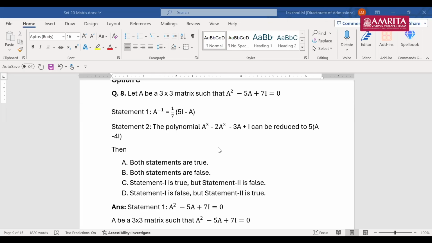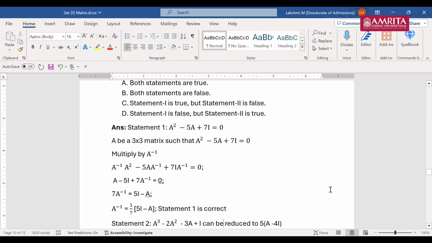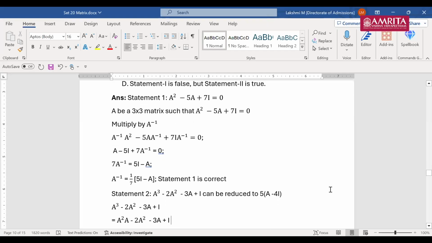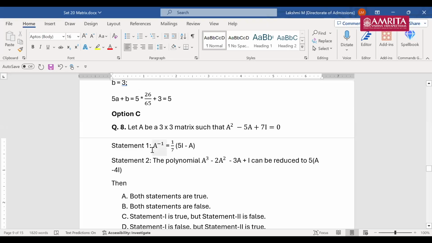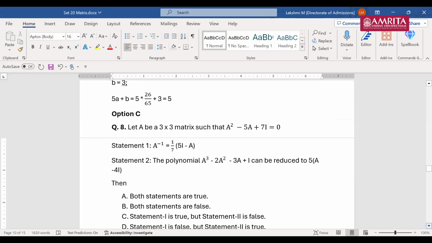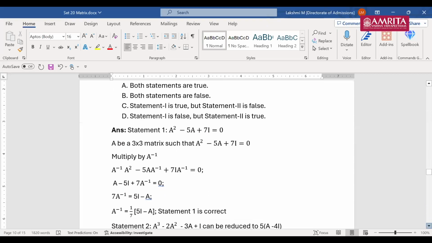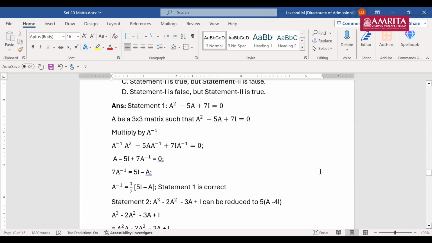Okay, just hold on for a second, children. So yes, let's solve it. What is given? A square minus 5A plus 7I. What is I? Identity matrix. I know you all have studied the properties. Now coming to the first one, it is A inverse equal to 1 by 7 into 5I minus A. So I have to find A inverse.